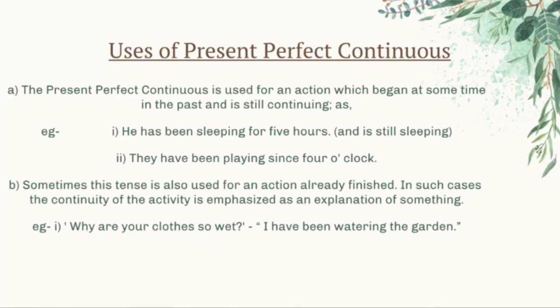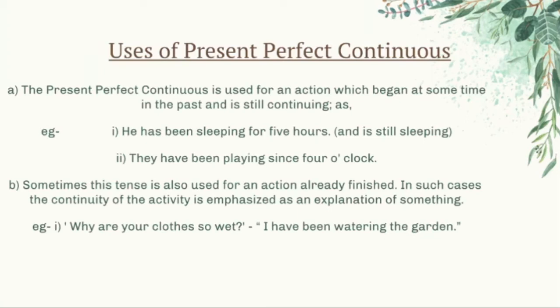That means he slept in the past and it is continued till now. So it became the present perfect continuous. Next, they have been playing since 4 o'clock. And the hidden part is that they are still playing. That means the action began at some time in the past and is still continued.